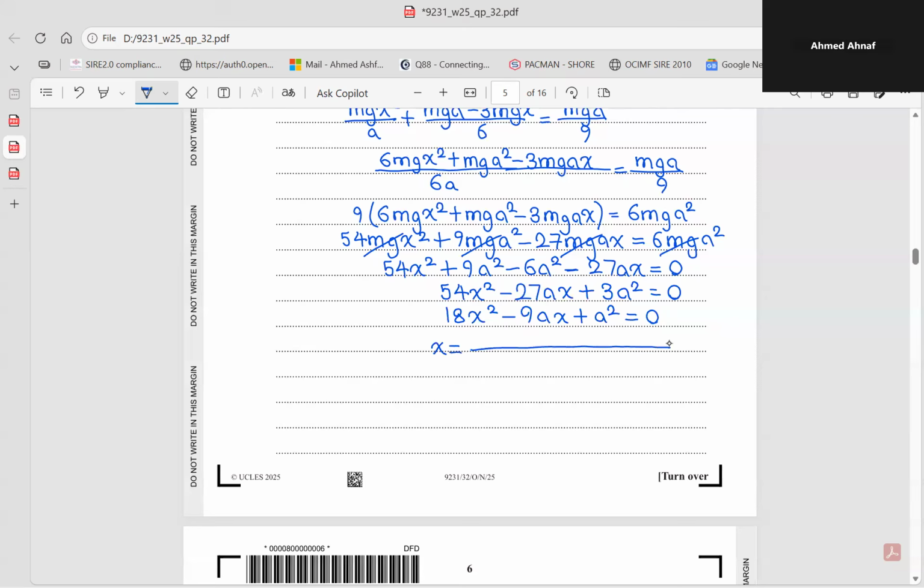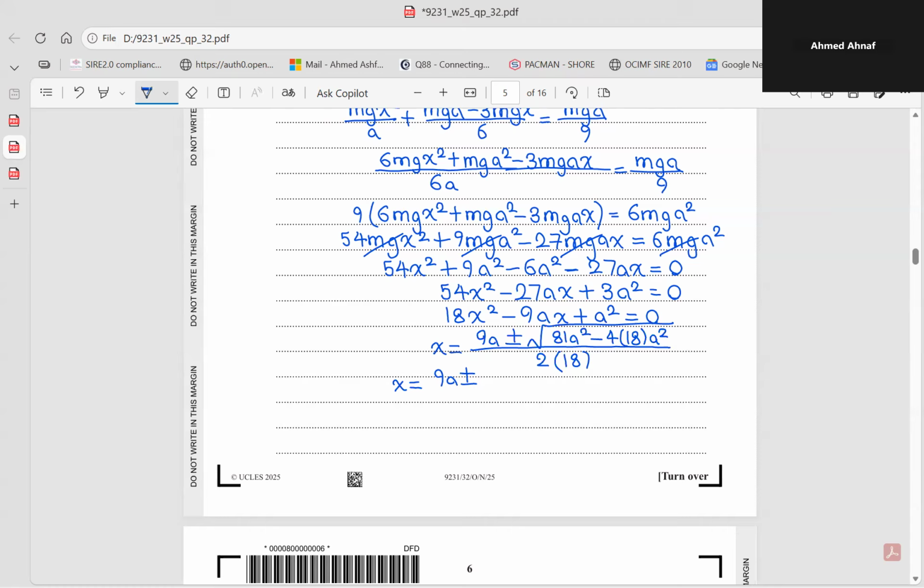So b is minus 9a, so minus b is just 9a, plus or minus the square root of b squared. That's minus 9a squared, so 81a squared, minus 4 times 18 times c, which is a squared, all over 2 times 18. Okay, simplifying, you get 9a plus or minus the square root of 81a squared minus 4 times 18a squared.